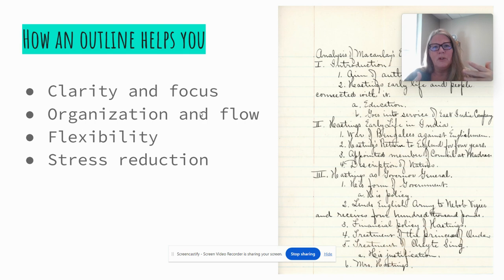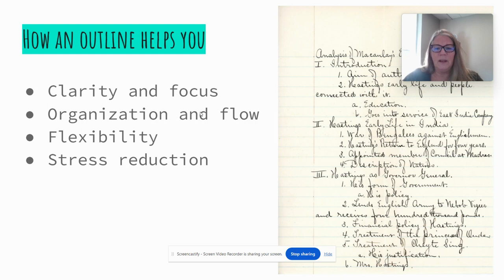Organization and flow: it helps you decide, does this paragraph work better at the beginning, or should that go more towards the end? It offers you flexibility. It's a lot easier to make changes to an outline than it is once you start drafting. So it gives you that flexibility to make changes as needed to some of the bigger elements in writing, things like focus, organization, things like that.